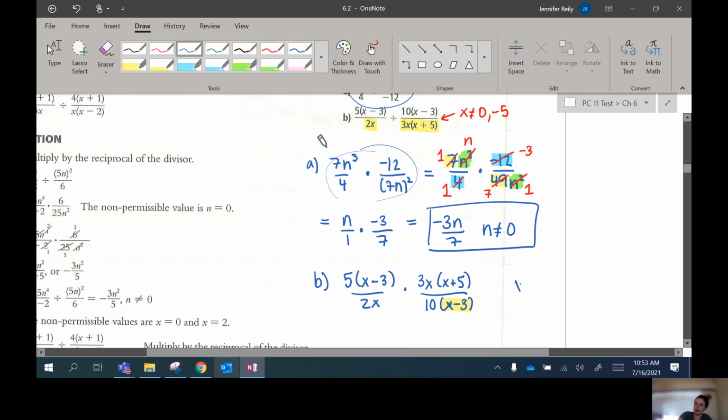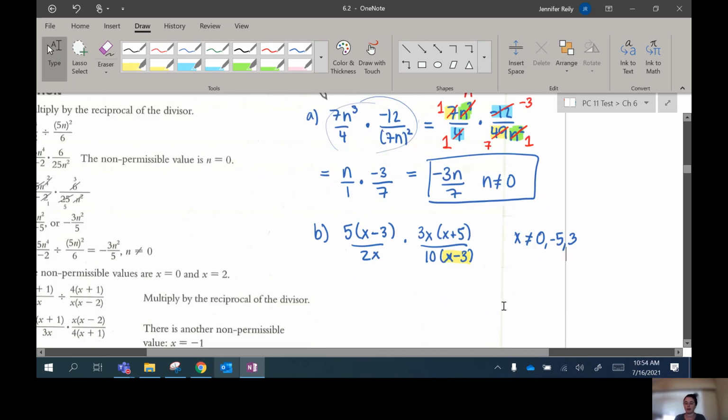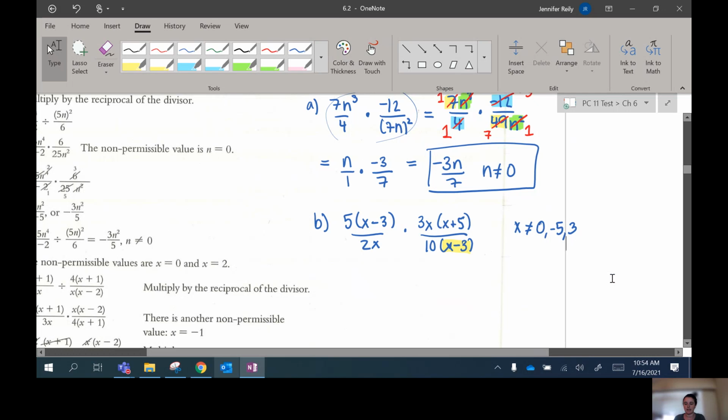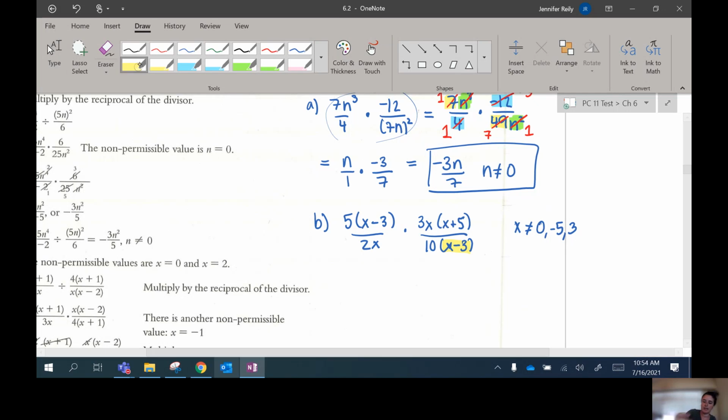So let's write our non-permissible values here. X cannot be 0, -5, and also 3. So when you're dividing, you have to look at all the different expressions you've written down. Anytime you have a denominator that can be 0, you need to put that as part of your non-permissible value list.